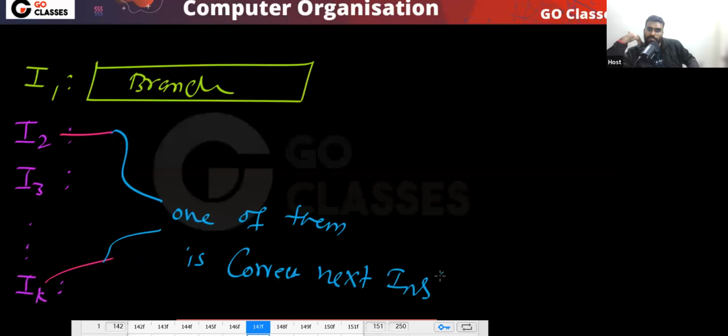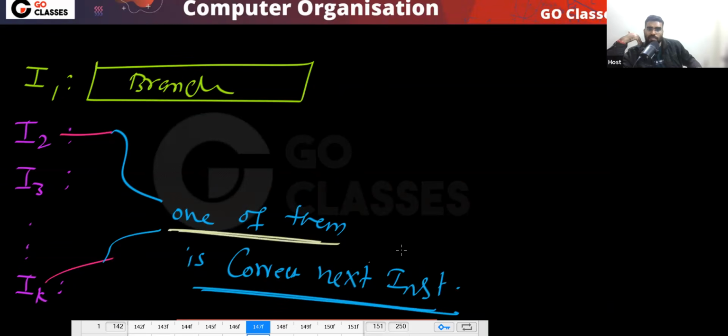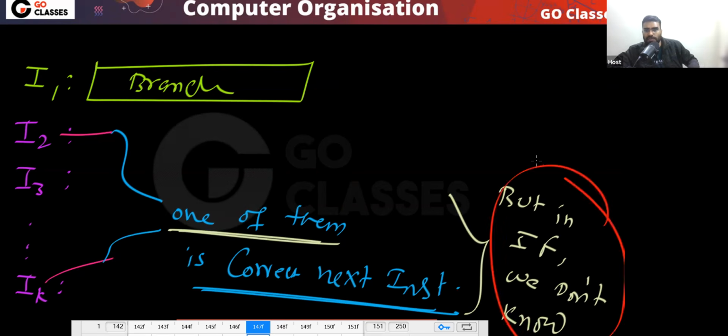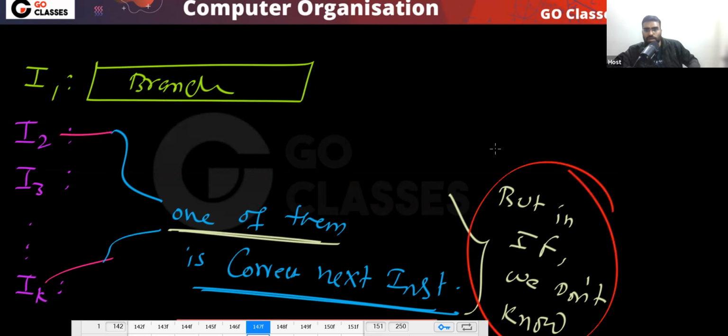Do you agree? But in the IF stage, we don't know. In the instruction fetch stage, we don't know which of them is correct. One of them is correct, but in the IF stage, we don't know.